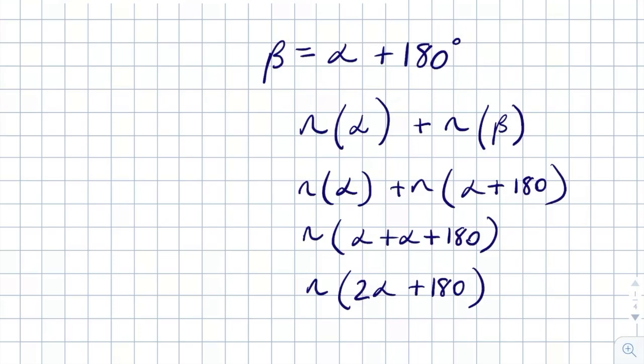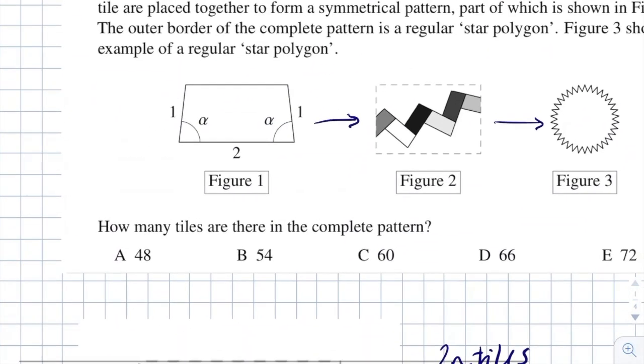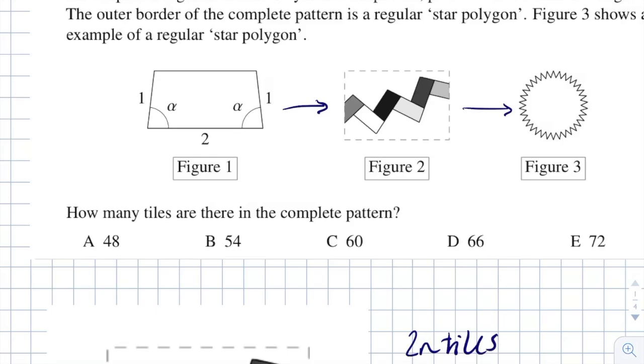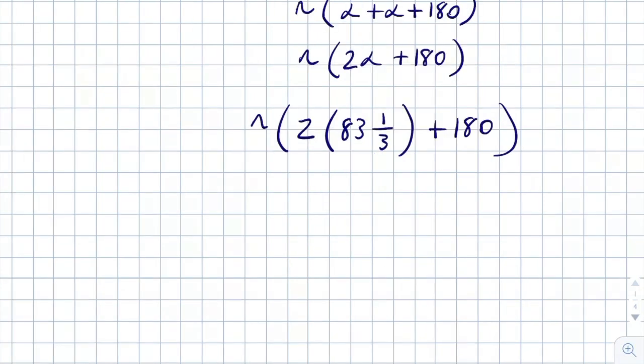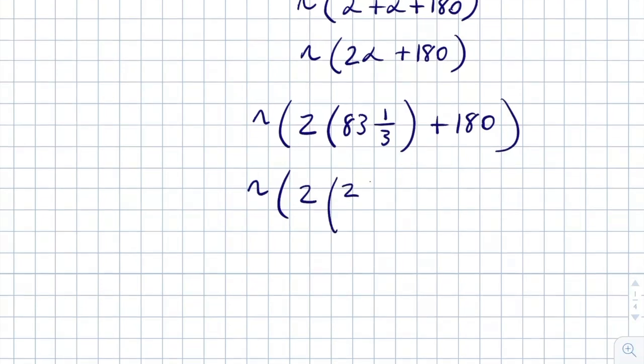And we've got a value for alpha. We know that alpha in the question is 83 1/3. So we do n multiplied by 2 times 83 1/3 all plus 180. So what I'm going to do is rewrite this as a top-heavy fraction. So we do 3 times 83, which is 249, then add the 1, we get 250 over 3 plus 180.